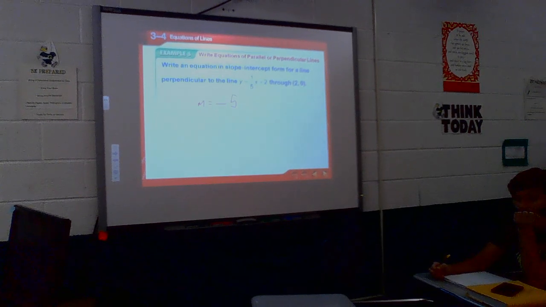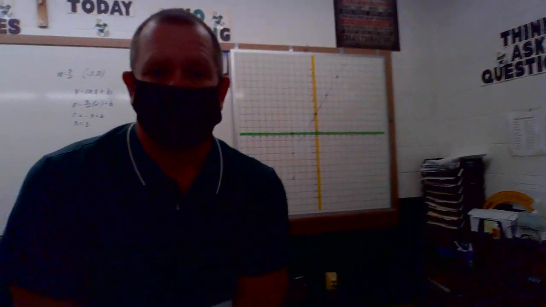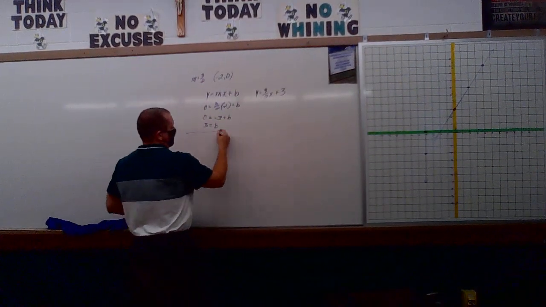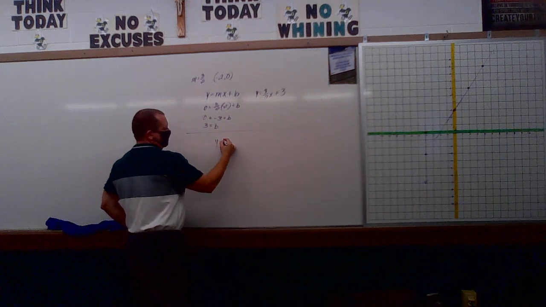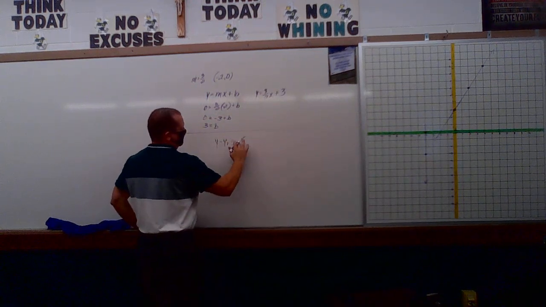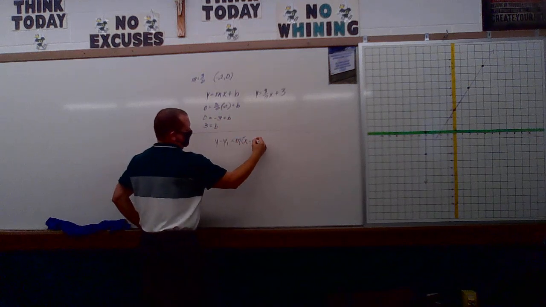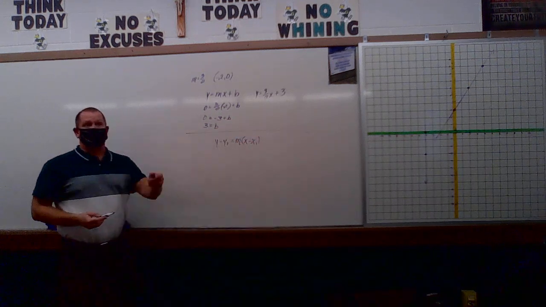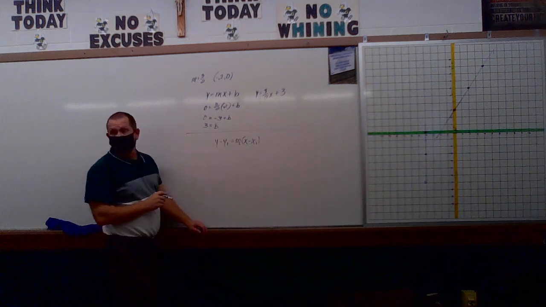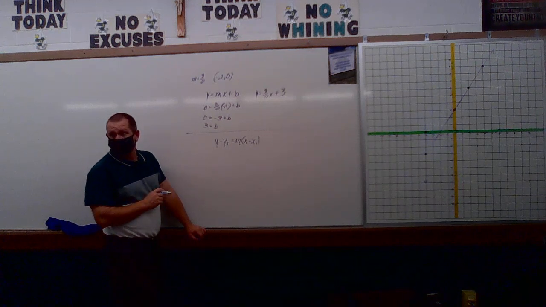So if we do the point-slope form, what is my equation that I'm going to use to solve this problem right here? I'm going to use y minus y sub 1 equals m times x minus x sub 1. Now what are my pieces that I know? What's my y sub 1 in my point that they gave me? 0.